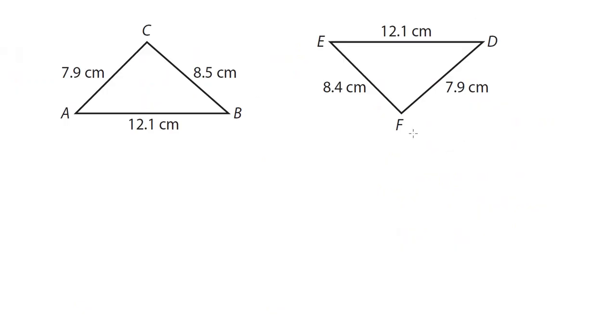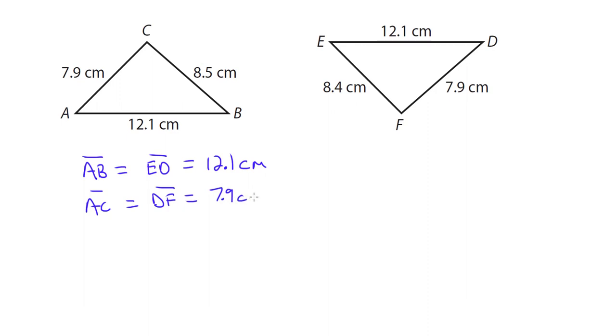So then now, are these two triangles congruent? So let's see. Well, we can see that AB is equal to ED because they're both 12.1 centimeters. And AC is equal to DF because they both measure 7.9 centimeters.